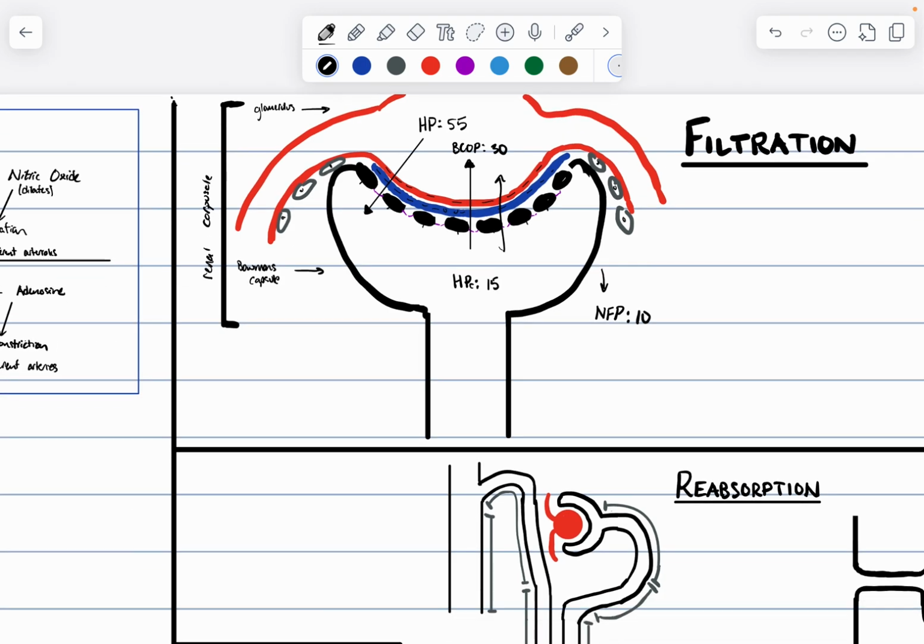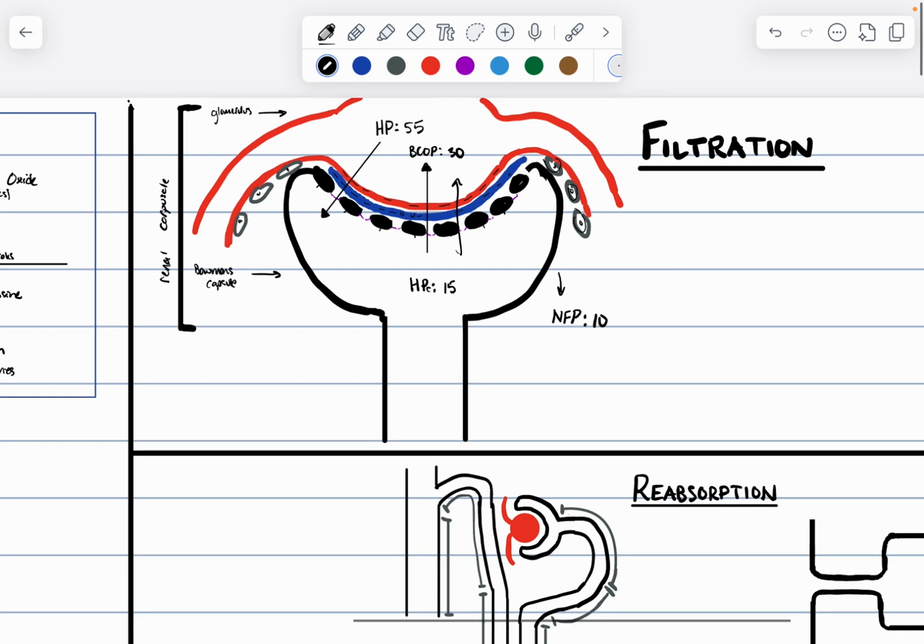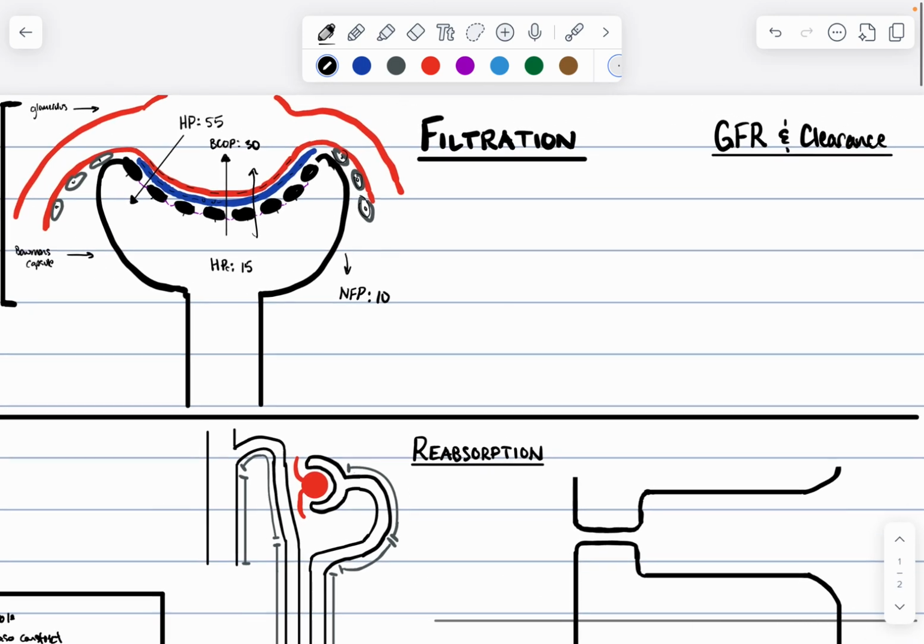Yeah, that's filtration. High pressure is necessary for filtration, and the mesangial cells can help maintain that pressure by contracting. And then there's two types of regulation that we can talk about here.